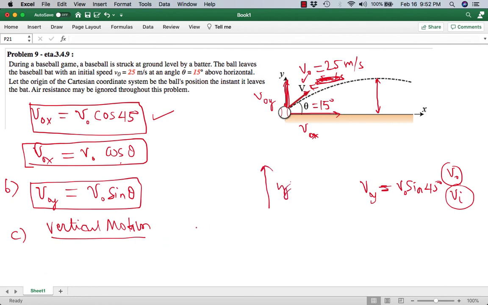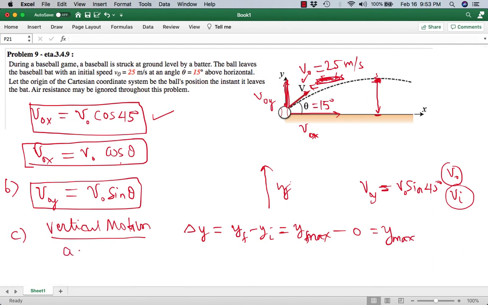So for vertical motion, our delta y is what we want to find. Delta y is y final minus y initial. This y final is the maximum height it attains, or y max, and then initial is just 0, so delta y is y max.